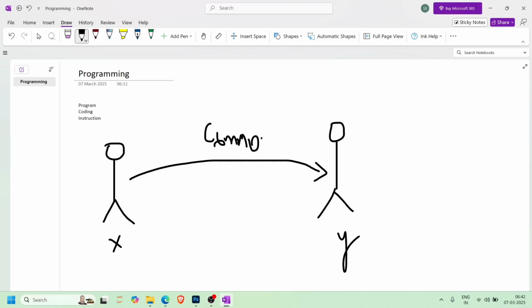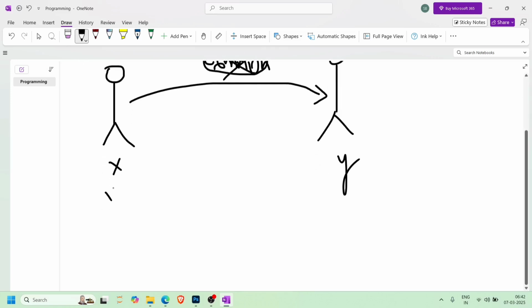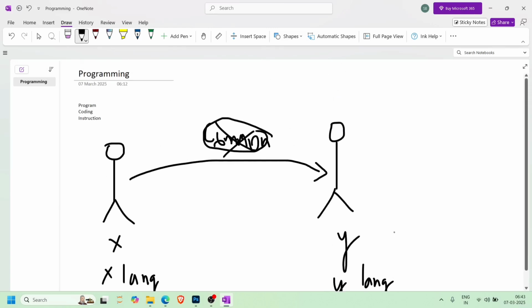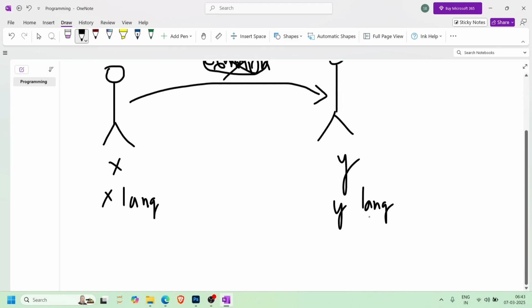In this case, let us say that they don't have a common language. Person X speaks X language and person Y speaks Y language. In that situation, what will be the problem? Whatever instructions X gives will not be understood by Y, and he will not follow it.